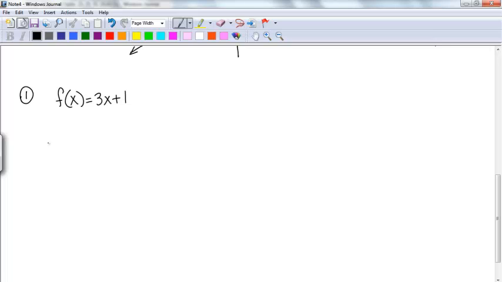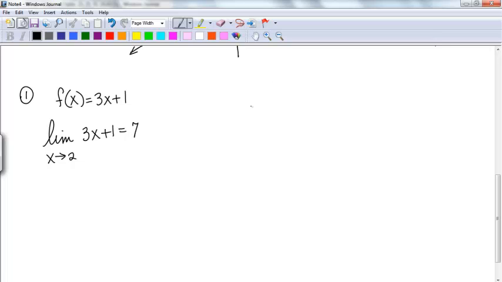The difference is, before I would have said, okay, the limit of 3x plus 1 as x approaches 2, find the limit. But in this section, they're going to give you the limit. We just substitute 2 in. 3 times 2 is 6, plus 1 is 7. Now they want you to actually show that that is a limit.